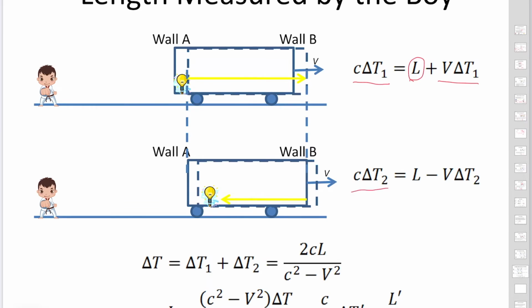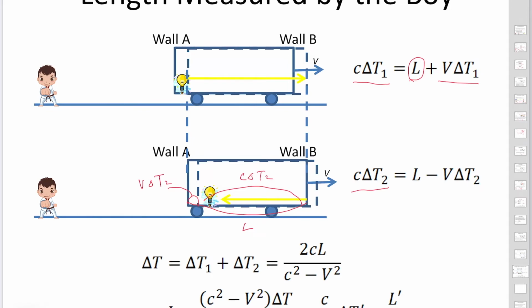C delta T sub 2 is the length the light travels to return to the source of the light, and it is equal to L minus V delta T sub 2, where this length is V delta T sub 2, and this length is C delta T sub 2.